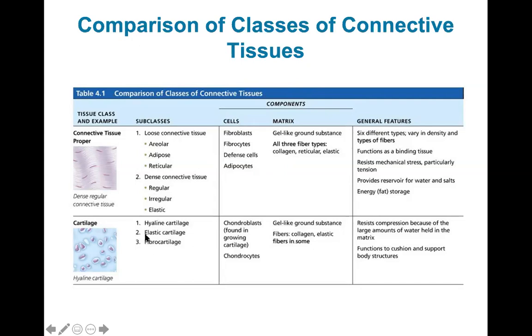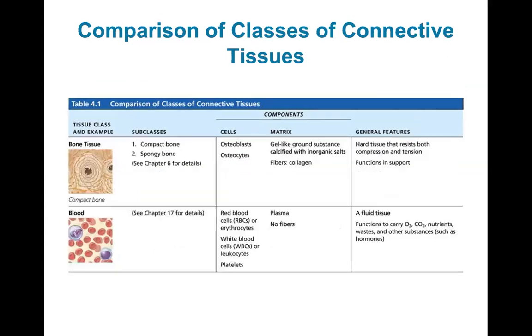Cartilage, as I mentioned, there's three types of cartilage. Again, what type of cells, matrix, general features. This is actually great if you're making index cards to study or if you're making notes for yourself, this really just has that information all front and center out there. Bone tissue, as I mentioned, there's two types of bone tissue, compact bone and spongy bone. And again, the cells, matrix, and features. And then finally, blood, the cells, and then the features.